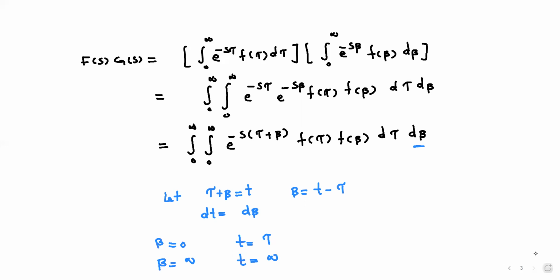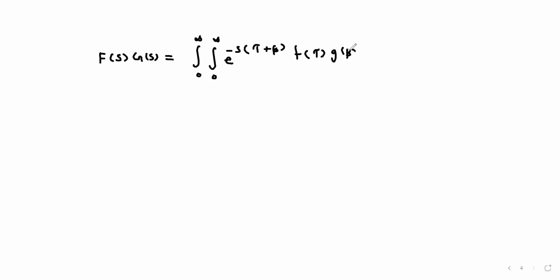Now in next step we get F of s, G of s, which is equal to integral 0 to infinity, integral 0 to infinity, e raised to power minus s into (tau plus beta), then I have f of tau, g of beta, and d beta.